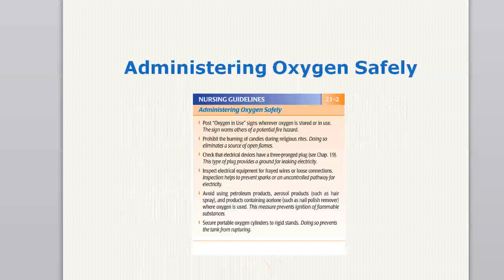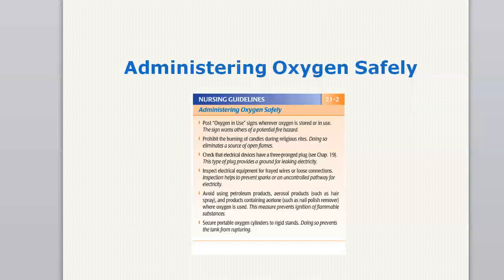And here's administering oxygen safely. Usually there should be signs indicating that oxygen is in use, and when people go home with oxygen, you want to make sure that they're not burning candles, which could cause a fire. Any type of electrical devices that have 3-prong plugs could be a ground for leaking electricity.